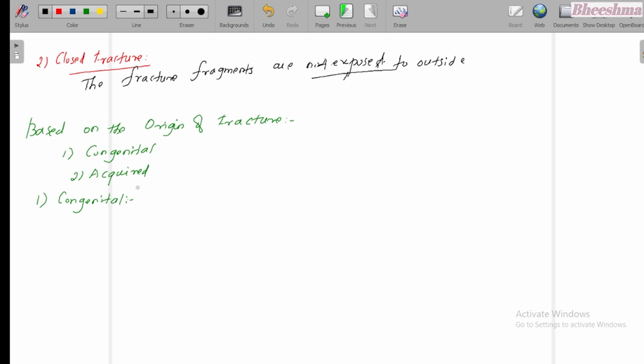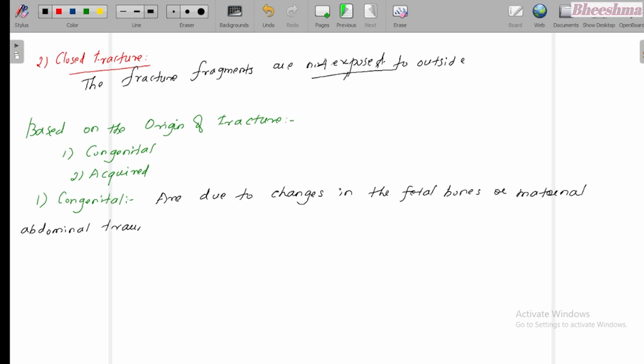In congenital, due to changes in the fetal bones or maternal abdominal trauma during pregnancy.